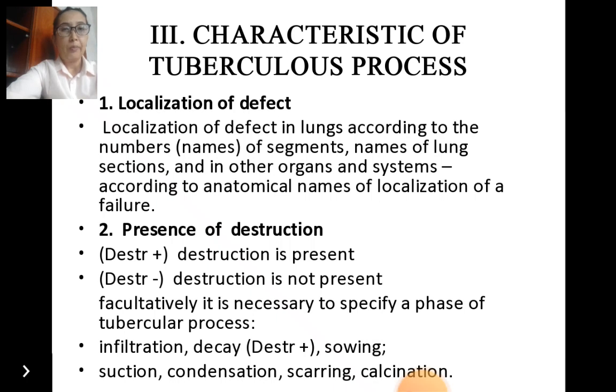Third one is presence of destruction. Destruction is present or destruction is not present. Partially, it is necessary to specify a phase of tuberculosis process: infiltration, decay, or thawing, resorption, consolidation, scarring, calcination.